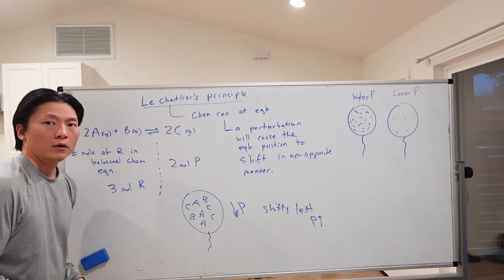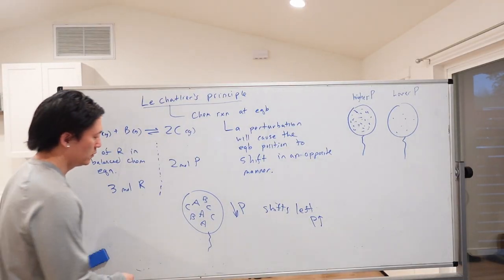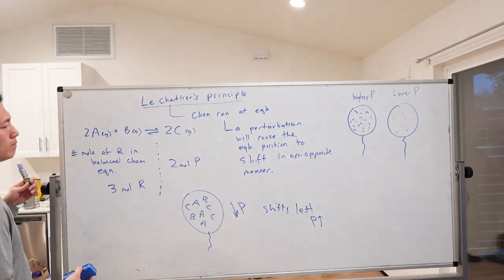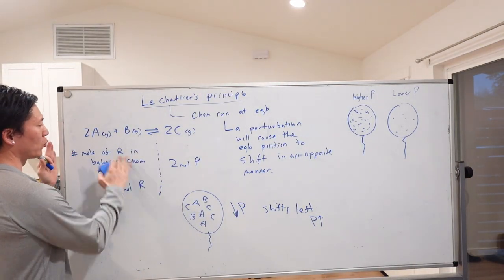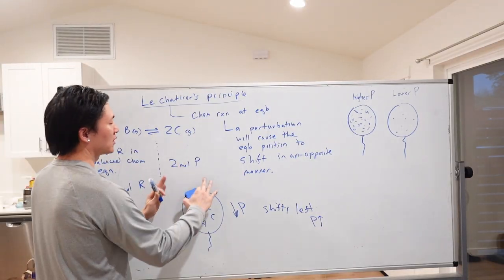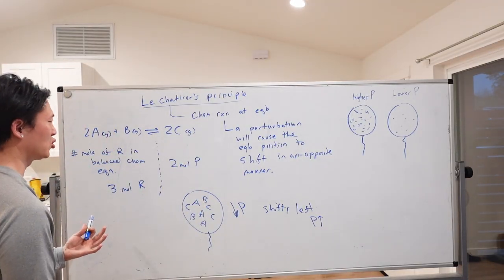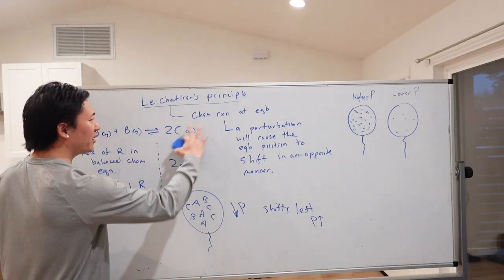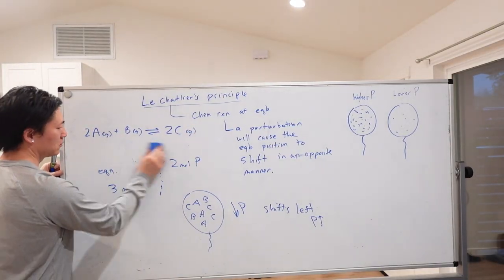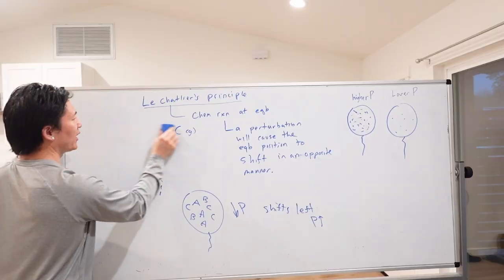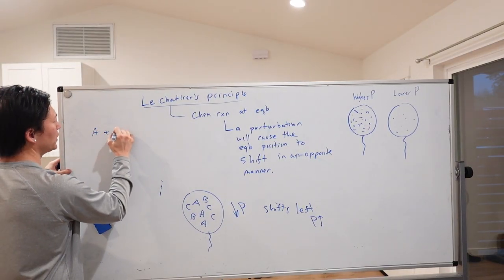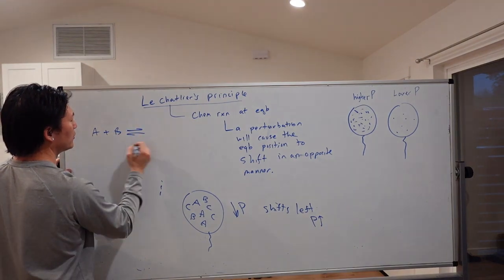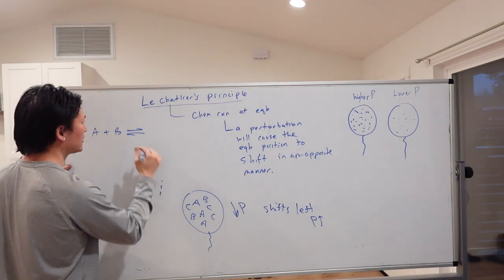Now in this case, on the reactant side there were more particles than on the product side. We could get a different situation, where the product side has more particles. So let's say A plus B is in equilibrium. These are gases, okay? This only works for gases.